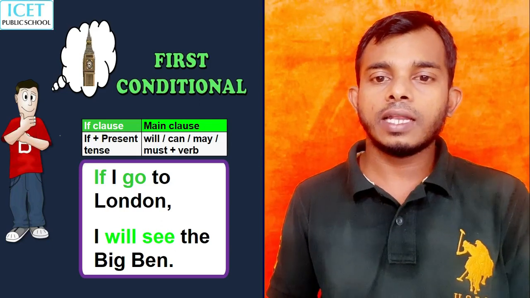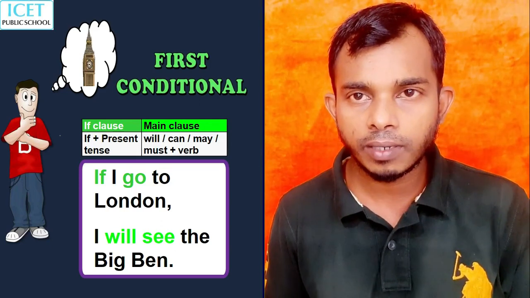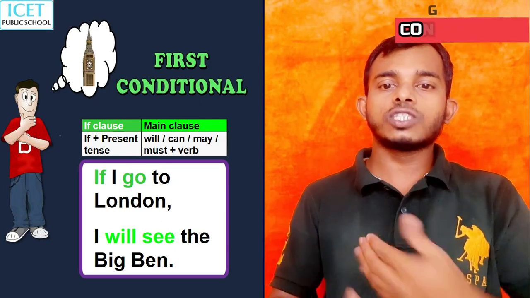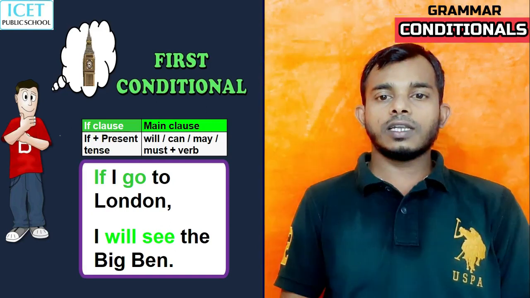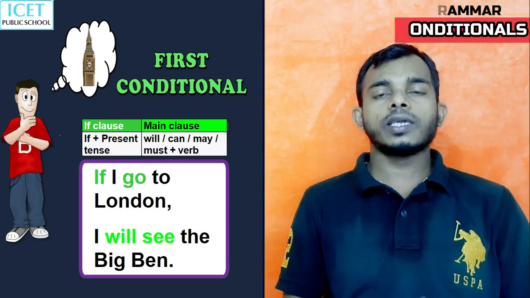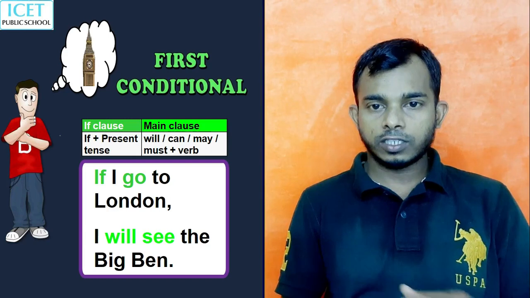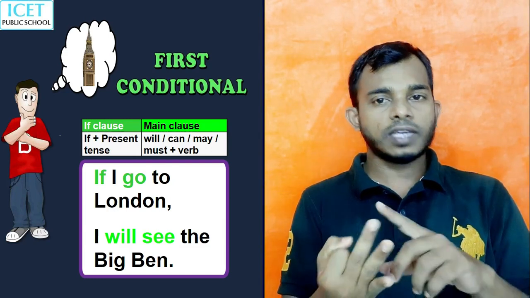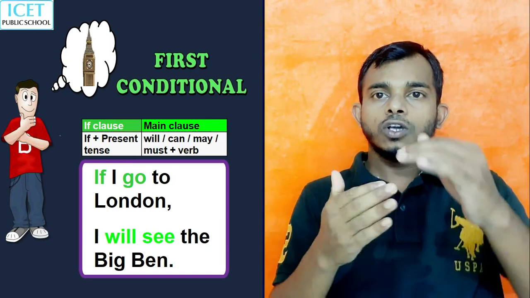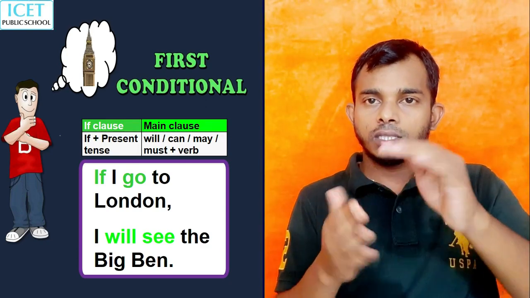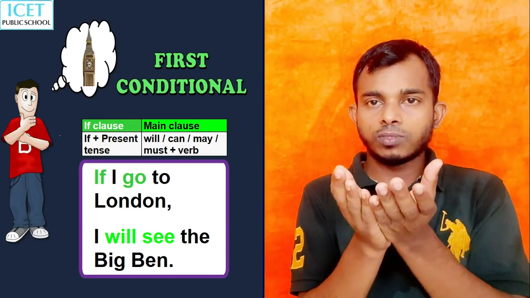And then the main clause will be in future tense. It means will, can, may, must; instead of will, shall, can, may can come. These all are the auxiliary verbs in future tense.